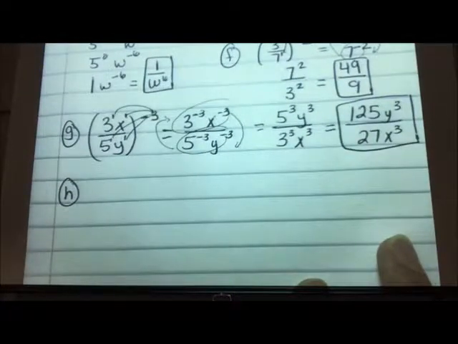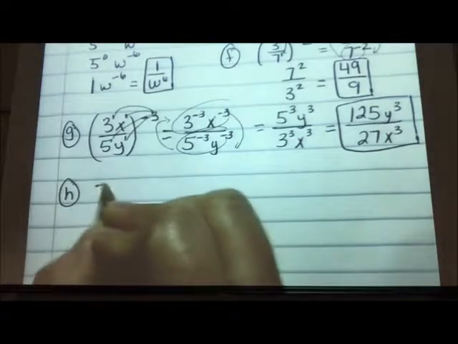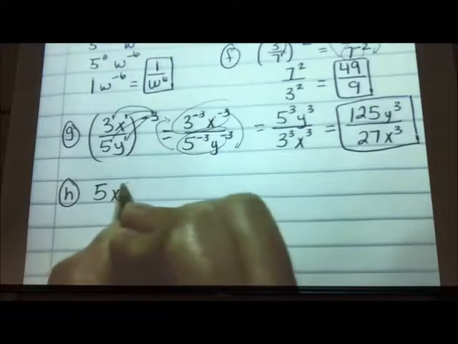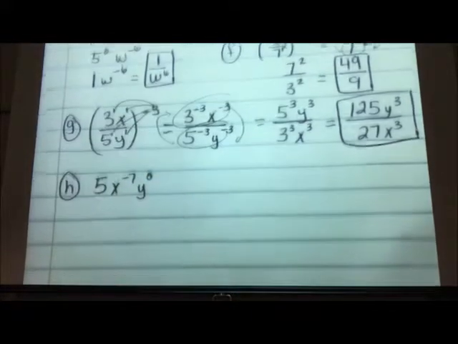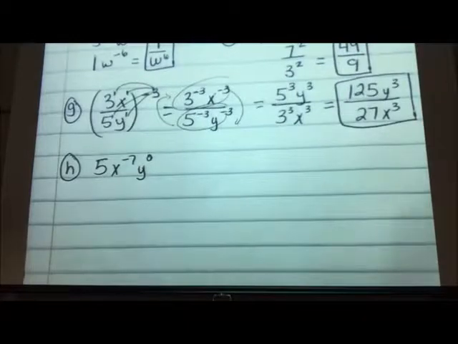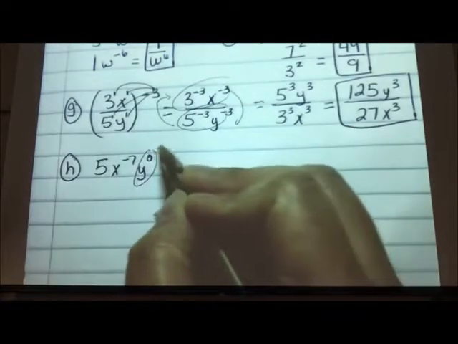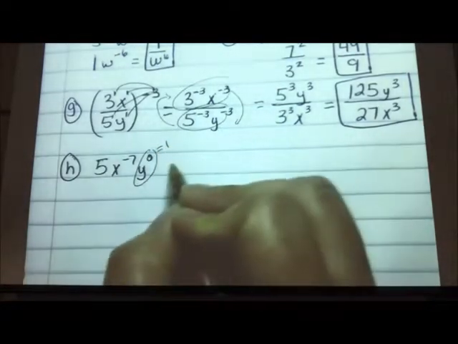Now, what happens when we have a problem 5x to the negative 7, y to the 0? A problem like this. So, can we combine anything? No. But we should know that, hey, this y to the 0 is actually a 1.